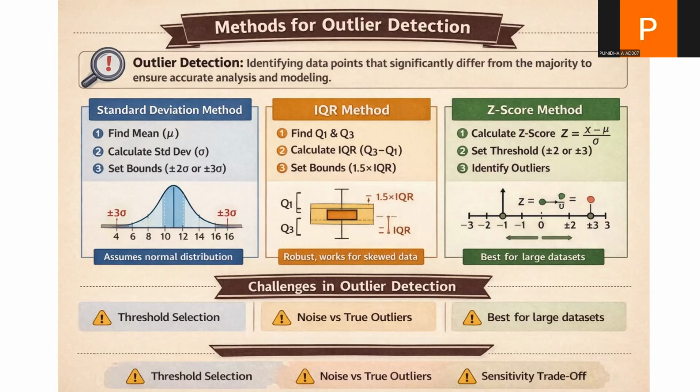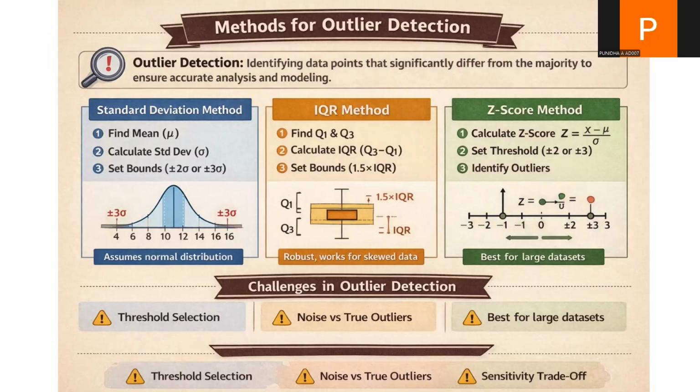This method is robust to outliers and does not assume a normal distribution. It is suitable for datasets with skewed or non-normal distributions, and useful where the spread of the middle 50% of the data is more relevant than the mean and the standard deviation.